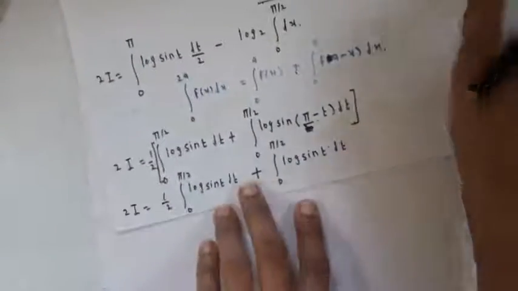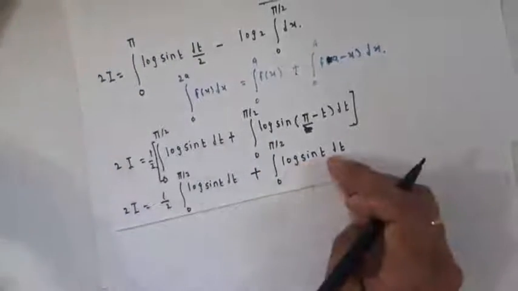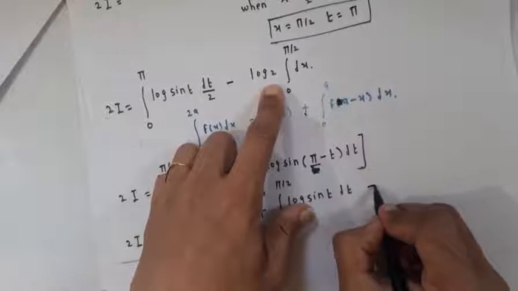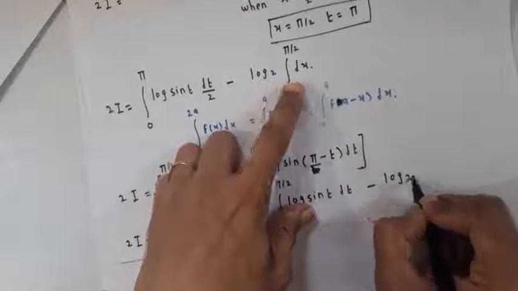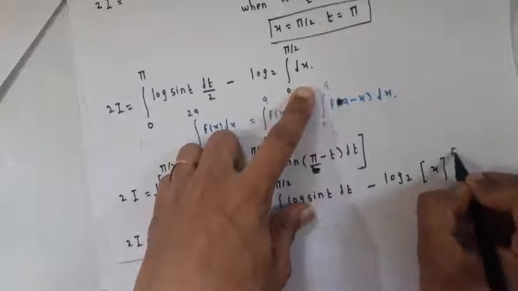This is the integration of log of sine of 2t that we have solved here according to this property. And now minus log of 2, integration with respect to x is x, from 0 to pi by 2.